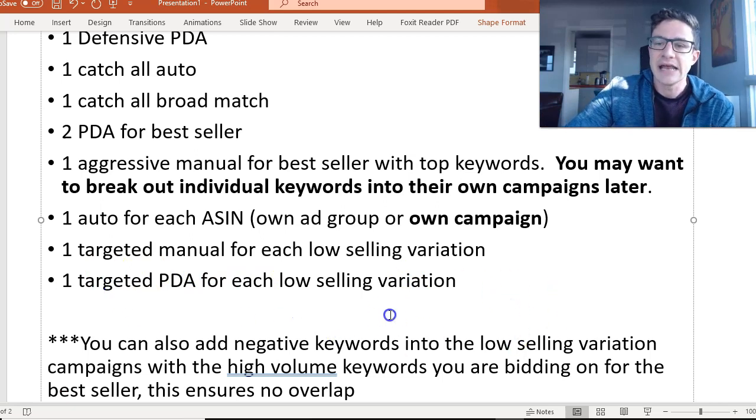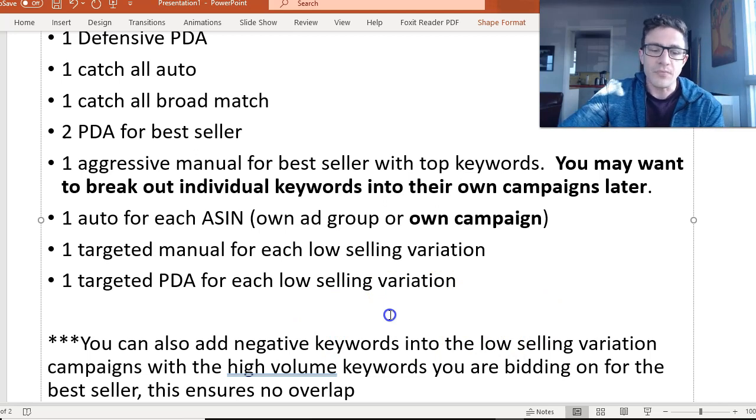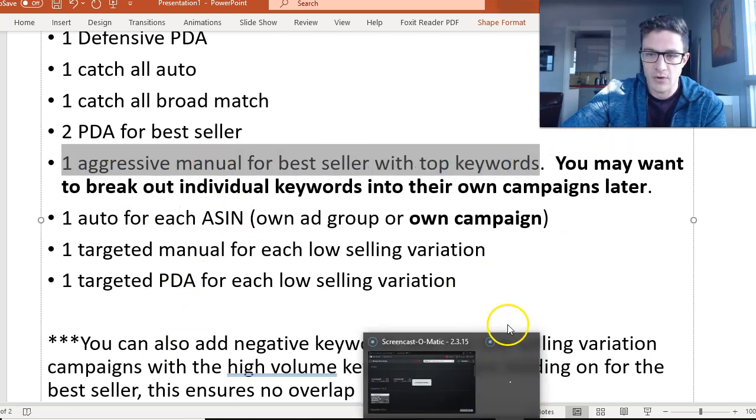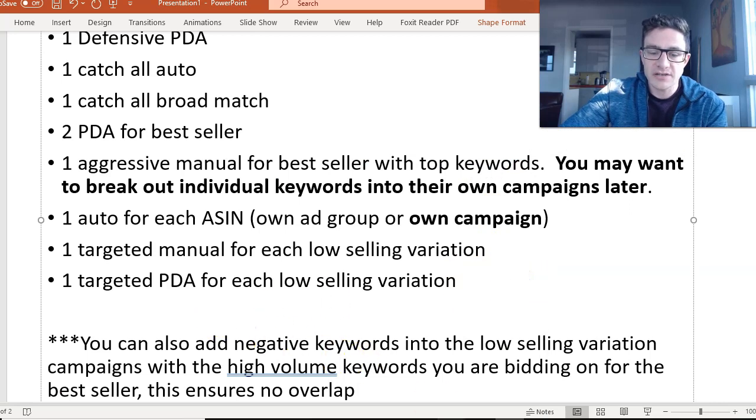Last but not least, negative keywords. If you want to, so you know all of the high volume keywords that you're using in your aggressive manual. Okay? If you want to, you can add those as negatives to the other autos and the other targeted manuals, so that the targeted manuals are not bidding on the word ground coffee, right?